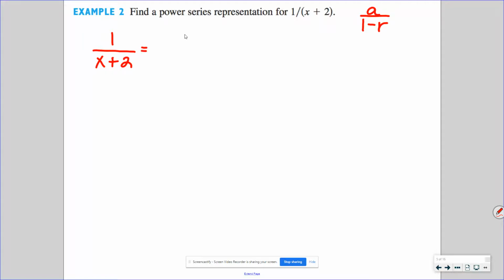So the first thing I would do is I would say, okay, I actually need the number to be first. Oops, not a minus, that's a plus. And I really need this number down here to be a 1, and I have a 2. So what we can do is we can actually go through and divide the entire expression by 2.